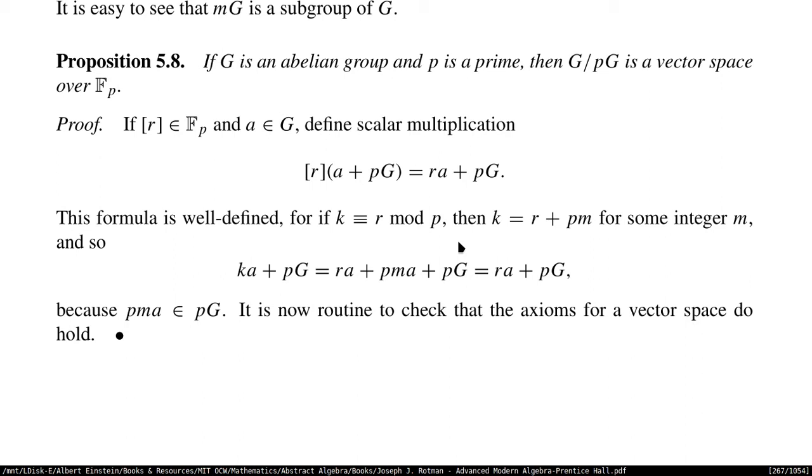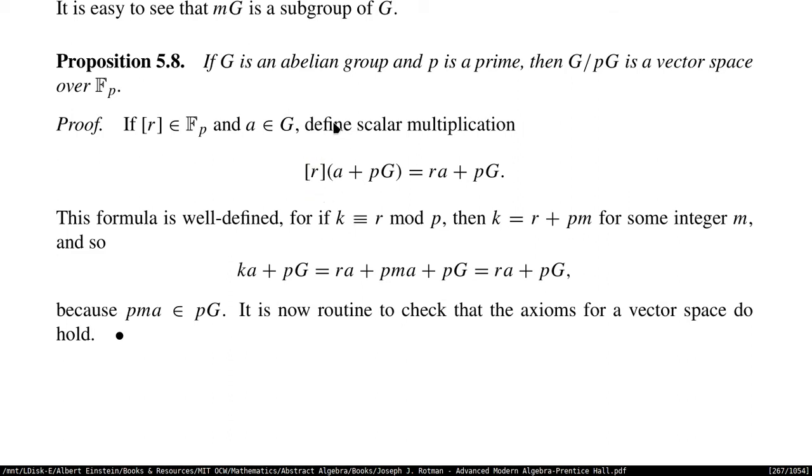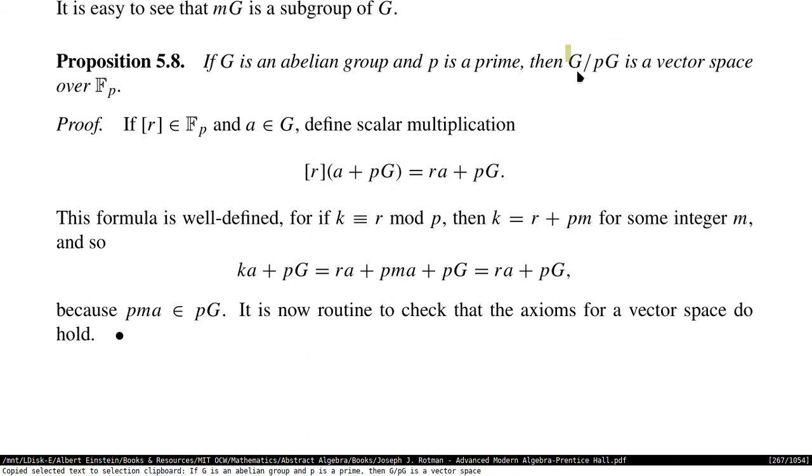You take an element from the field, and you take an element from the group. You define scalar multiplication just like you do in a vector space in this manner. So the scalar multiplication is just the field element that you have, the scalar r times a + pG. So a + pG is an element of this, right? So this is a coset of this quotient group, and that is defined as ra + pG, right? So that's how you define the scalar multiplication for this soon-to-be vector space.